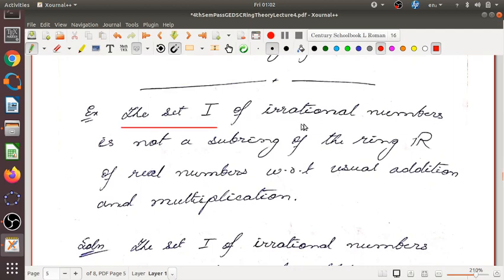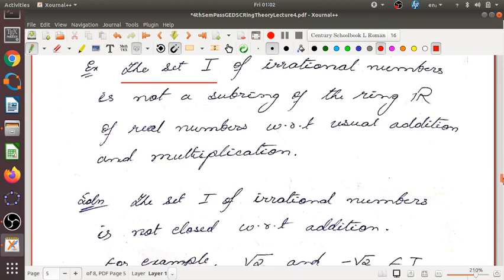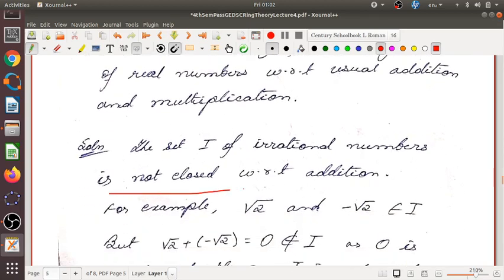The set I of irrational numbers is not a subring of the ring R of real numbers with respect to usual addition and multiplication. The set I is not closed with respect to addition, because if we add two irrational numbers, we may not get an irrational number.